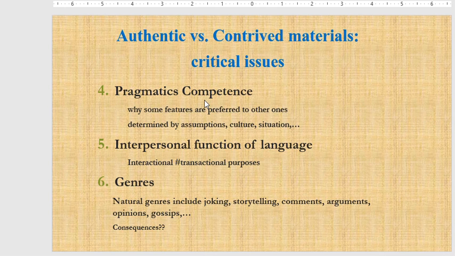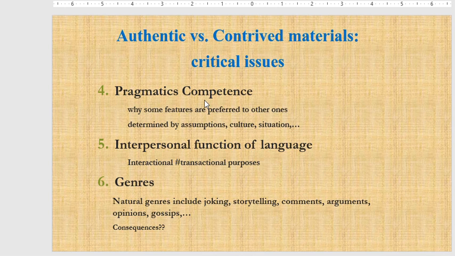Anyway, in contrived materials, not only is nothing said about pragmatics of language, but the students are deprived of pragmatics. They are deprived of the experience with natural language use or appropriate language use.